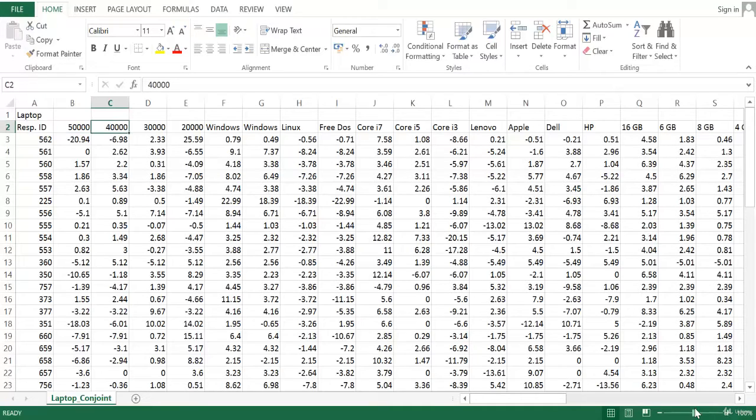If you see, the response is quite different from what we initially saw in the market research, because here we are trying to distribute whatever response a customer gives across all the options which we give to the customer. So the respondent has the option of a laptop at a price of 50,000, 40,000, 30,000, 20,000, and I'm trying to distribute the importance of the answers across all of these.